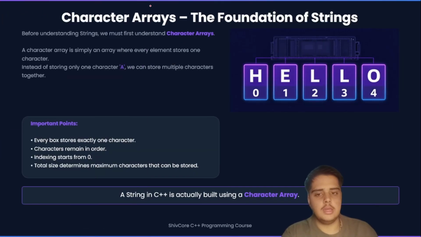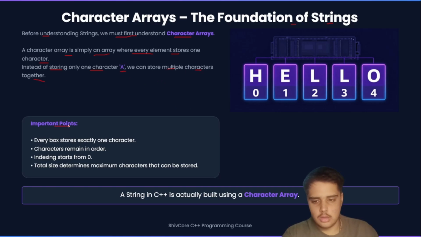Coming next, character array, the foundation of strings. Before understanding strings, we must first understand character arrays. A character array is simply an array where every element stores one character. Instead of storing only one character, like A, we can store multiple characters together.